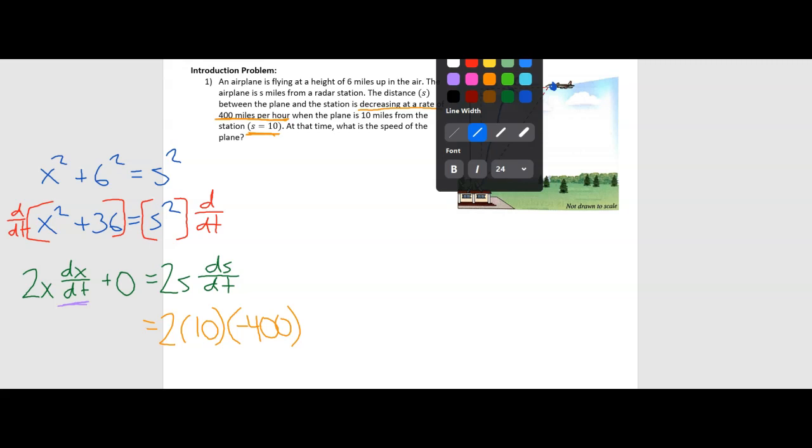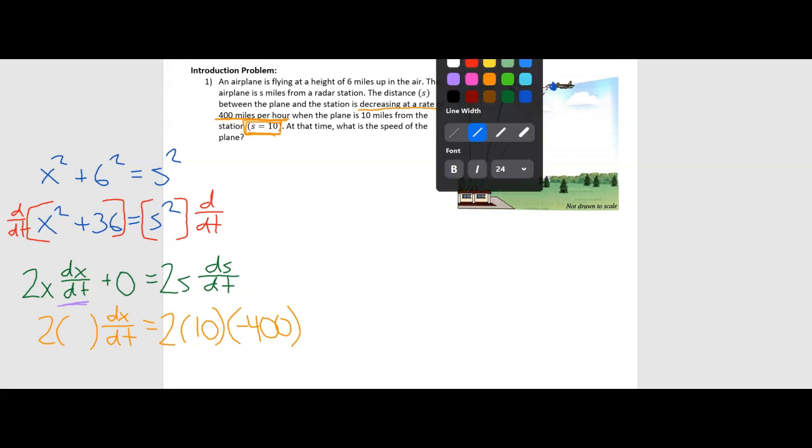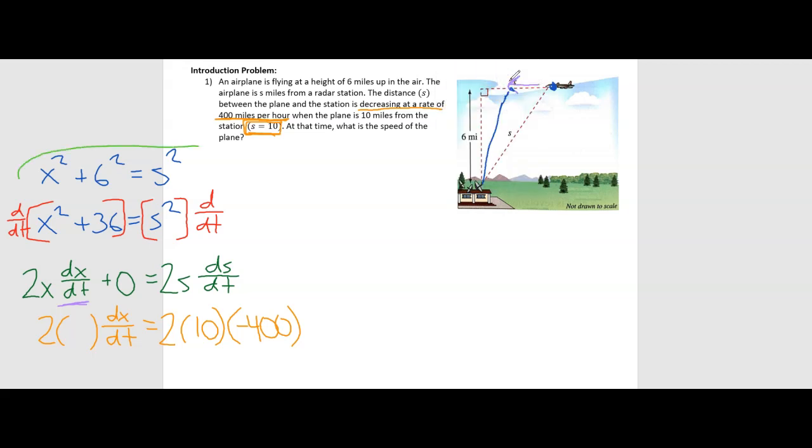All right, let's move on to the other side. I don't need to know what my dx dt is because I'm going to go ahead and find that. That's what I'm going to solve for. And I don't need to change my 2, obviously. I just need to figure out what x is. Well, if I know that s is equal to 10, can I figure out what x is when s is equal to 10? Sure can. I'm going to use my original Pythagorean theorem equation.